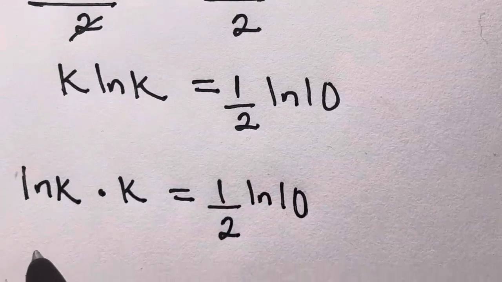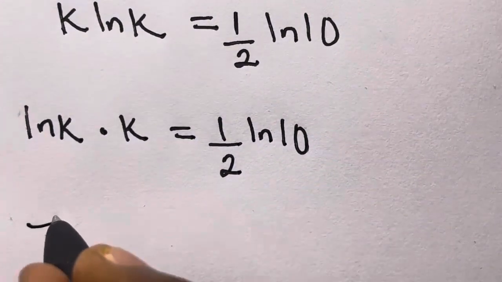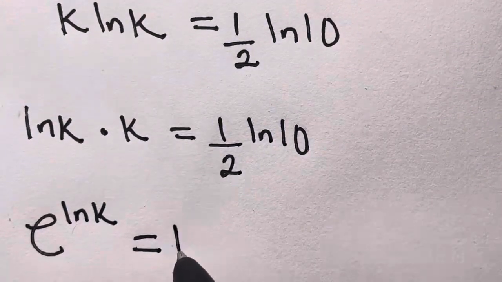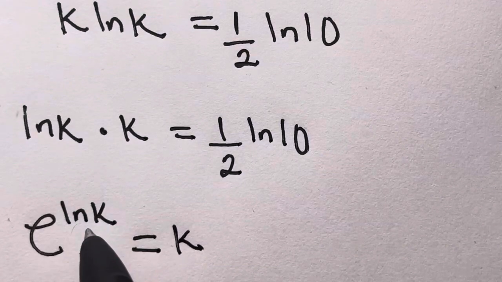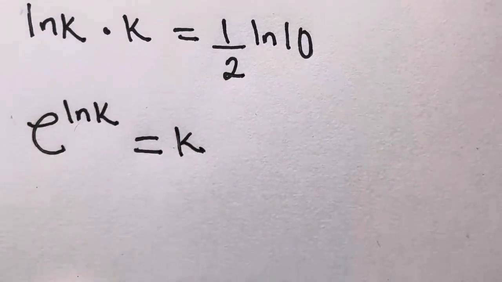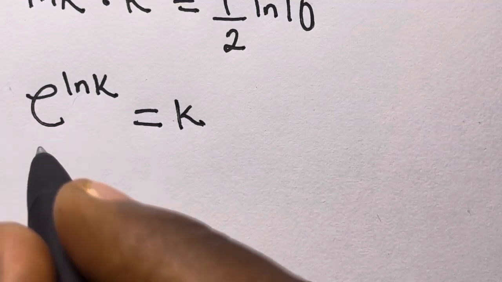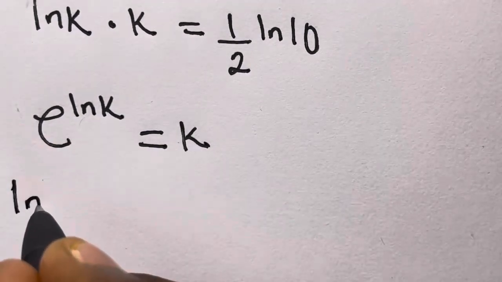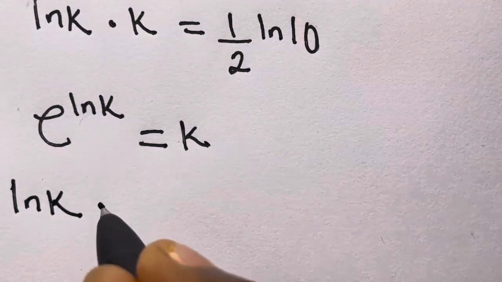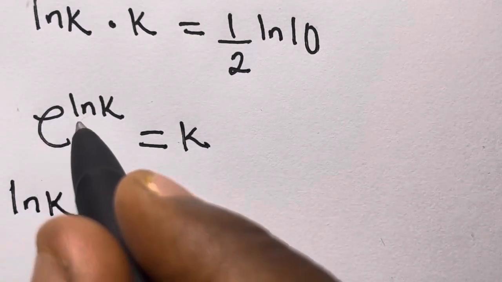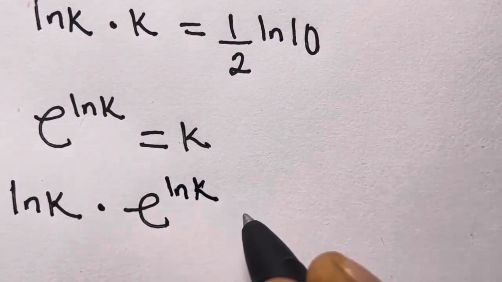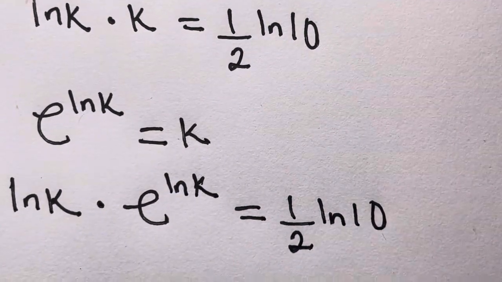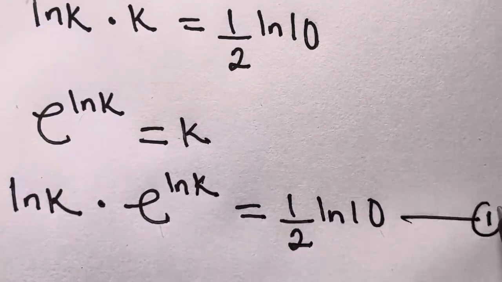But let's recall that exponential of ln k equals k, because the exponential lets us lose the ln. So let's write it as ln k multiplied by exponential of ln k, equals 1 divided by 2 ln 10. All right, you can star this to be your equation 1.